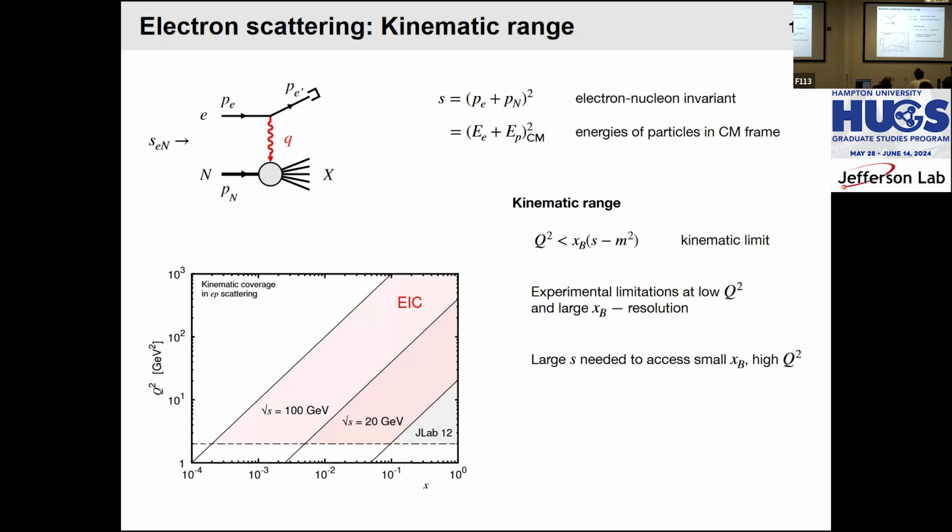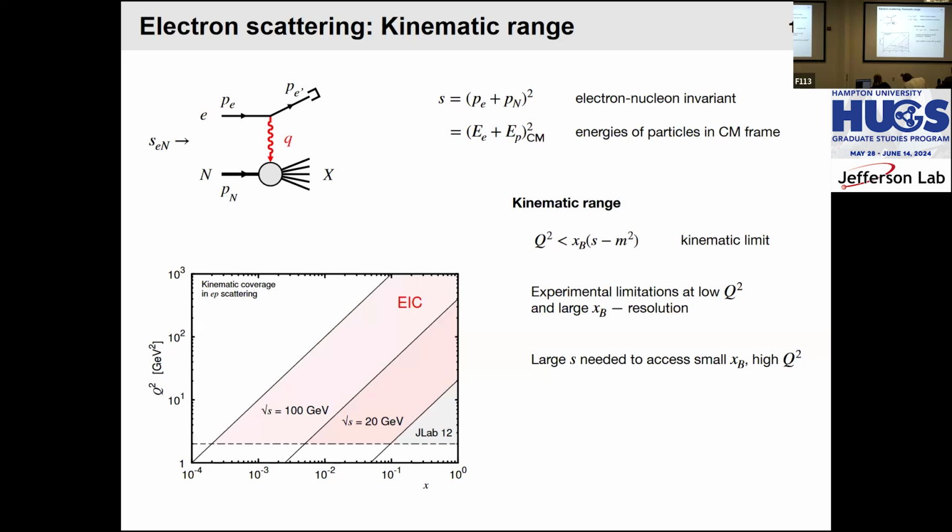And this is described in a Lorentz invariant way by the invariant S, which is the square of the sum of the four momenta of the initial electron and neutron. Again, this is a Lorentz invariant variable. It's a square of a four vector, but it has a very simple interpretation in the center of mass frame of the electron-neutron scattering process, where the momenta of the particles are back to back. Namely, in the center of mass frame, this is simply the square of the total center of mass energy of the system.